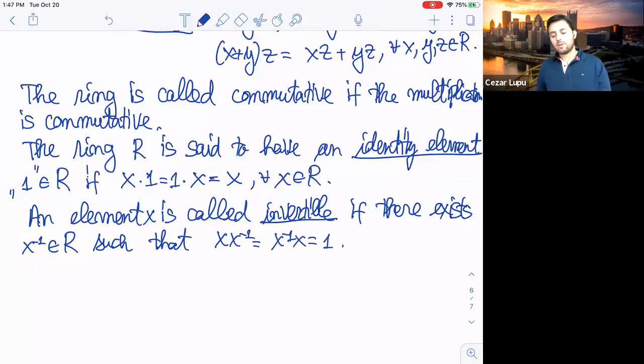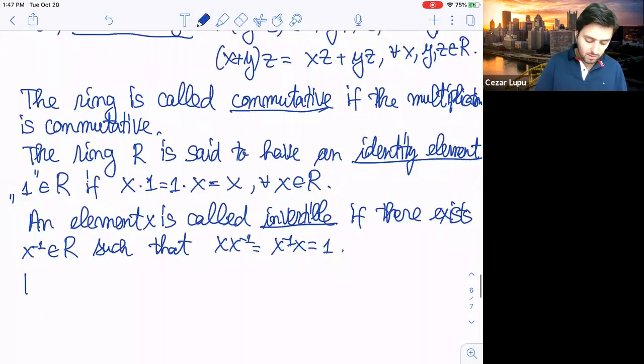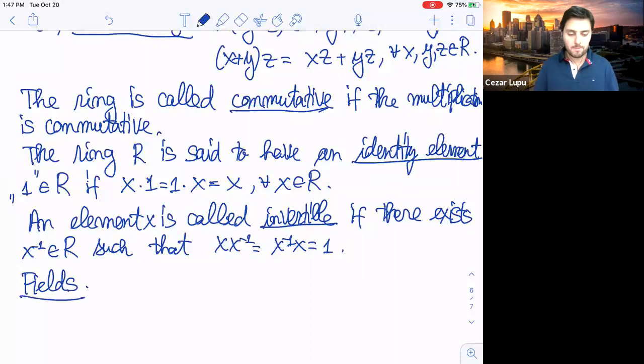Okay, so this is what it means to be a ring. This is what it means for a ring to be commutative, and this is what it means for a ring to have an identity element or an invertible element. It's not guaranteed for a ring that the inverse exists, and this is where the notion of field comes into play. And let me just directly say the definition, because we don't have any time left.